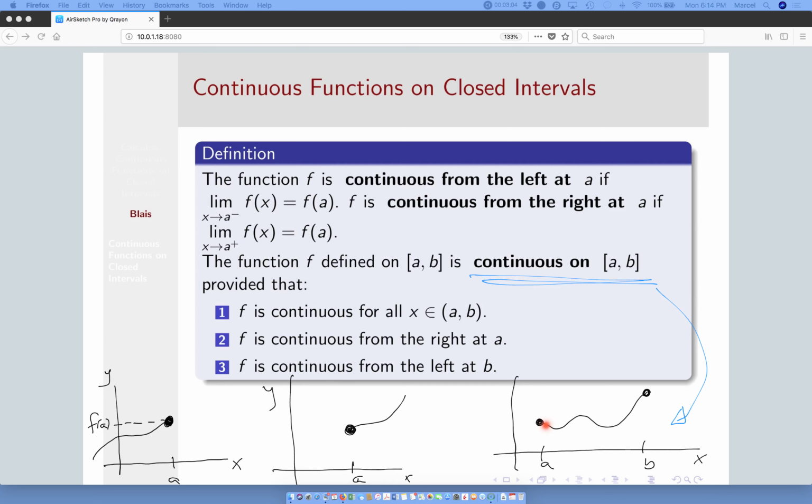This is a very important situation because in applications, also further in math, but in engineering, science, all different kinds of fields, the idea of a function on a closed interval is a very natural thing.